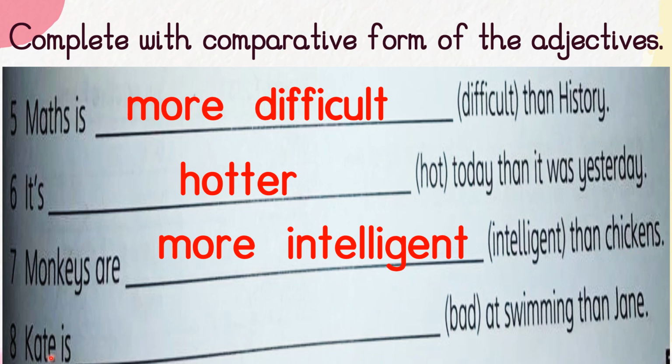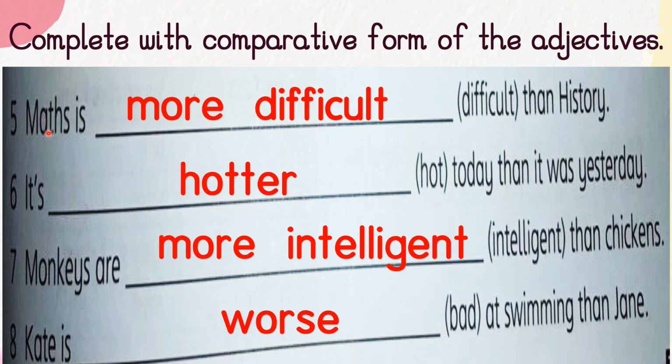The last one, Cat and Jen over here. So we have swimming, the activity, so bad, it will be worse. Yes, worse than, lebih teruk, means cat is actually not so good at swimming, but Jen is better. Jen tu lebih baik, so cat is worse at swimming than Jen.